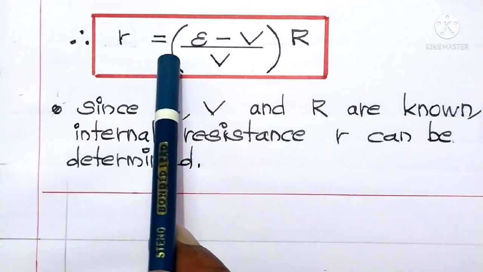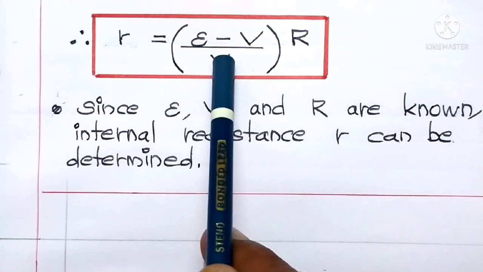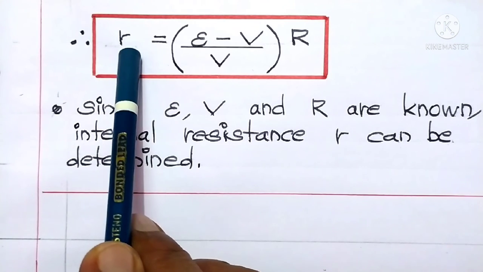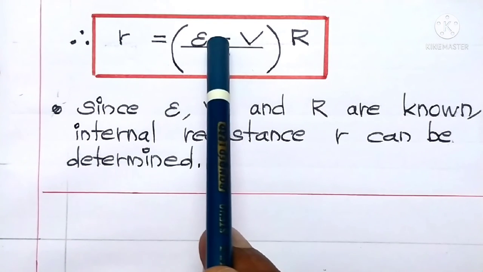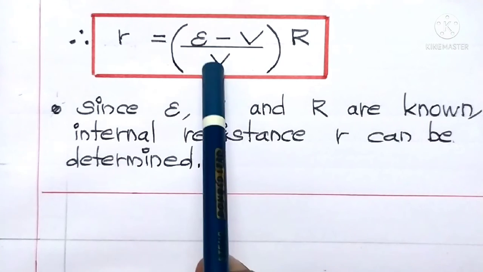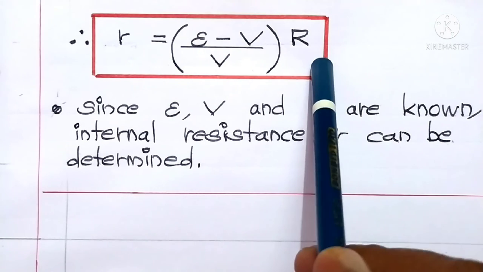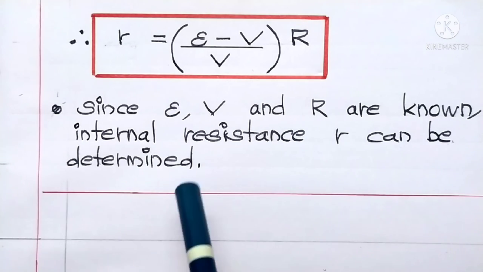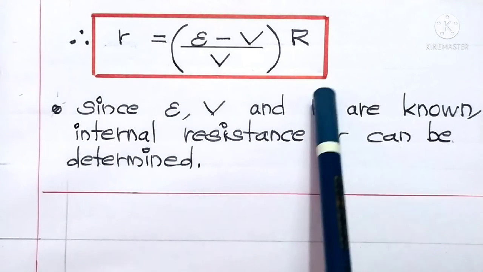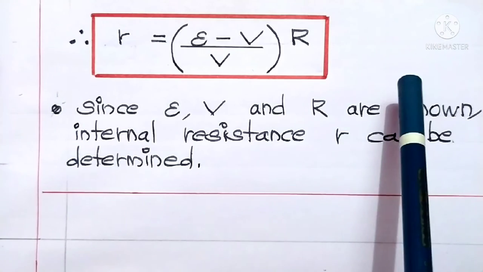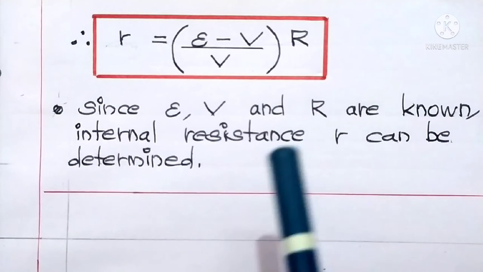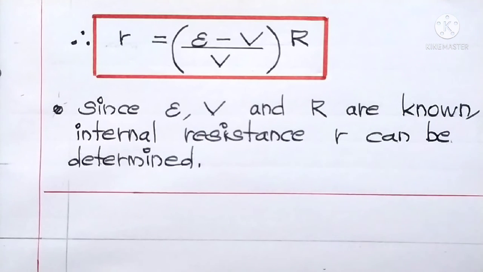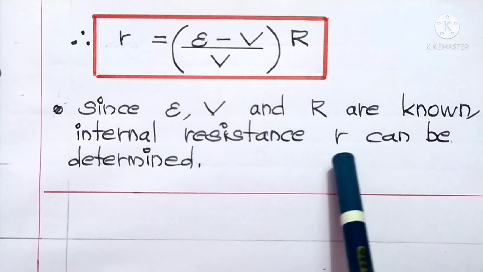Now, small r is equal to E minus V by V into capital R. So we have got the final expression as small r is equal to E minus V by V into capital R. If you happen to forget how to derive this equation, you better write down this final expression at least, and you may get marks accordingly. Since E, V and R are known, internal resistance small r can be determined.